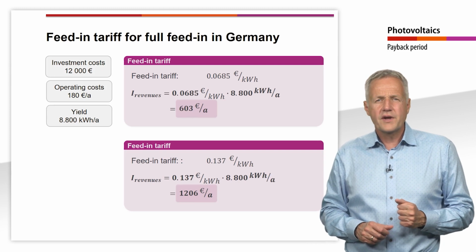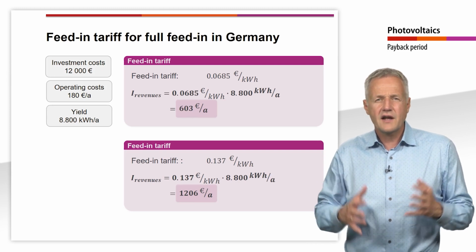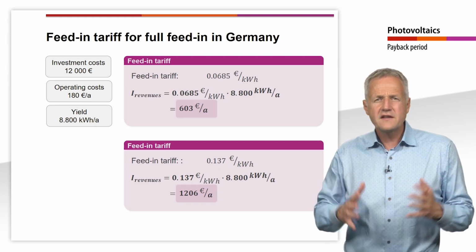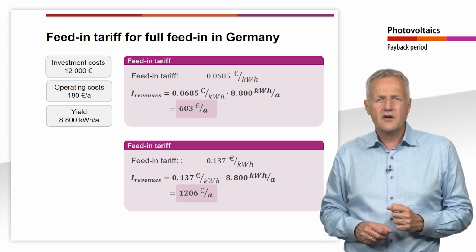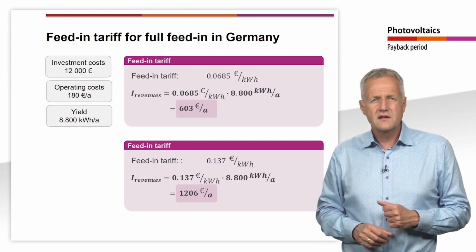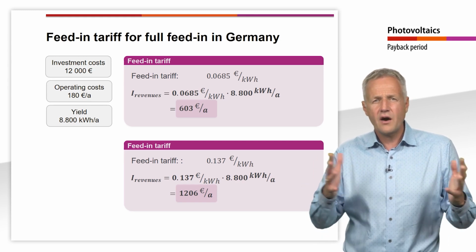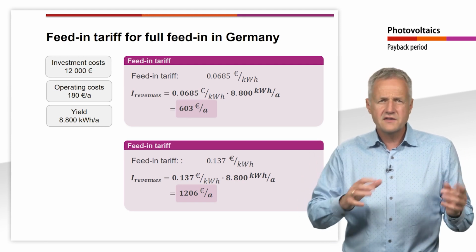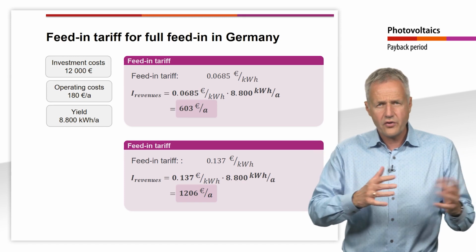But before we come to the end of this unit, I would like to come back to the consideration of full feed-in. For many systems, self-consumption of solar power is not easily possible. One example is a multi-family house or a tenant house where the system operator and the electricity consumers are legally different persons.